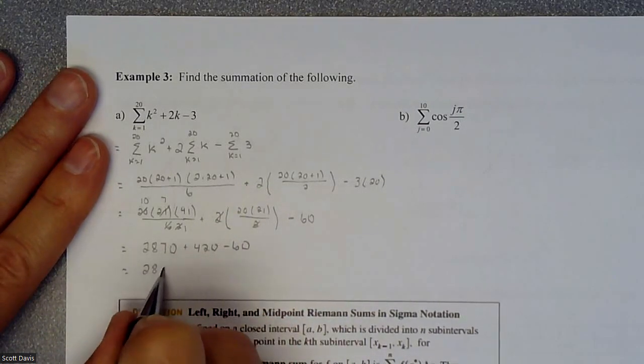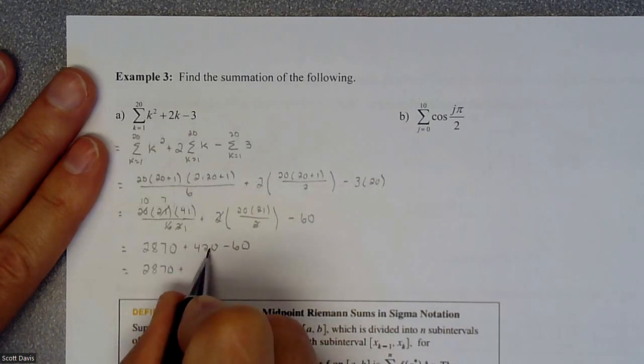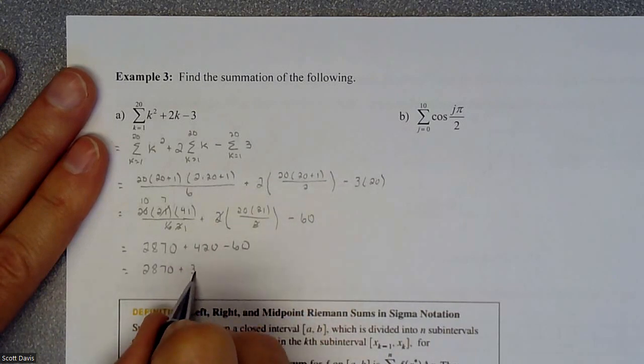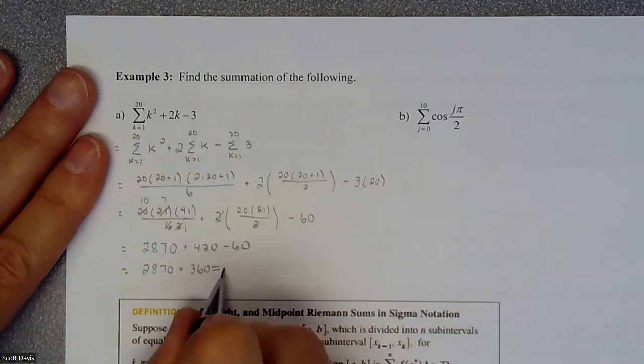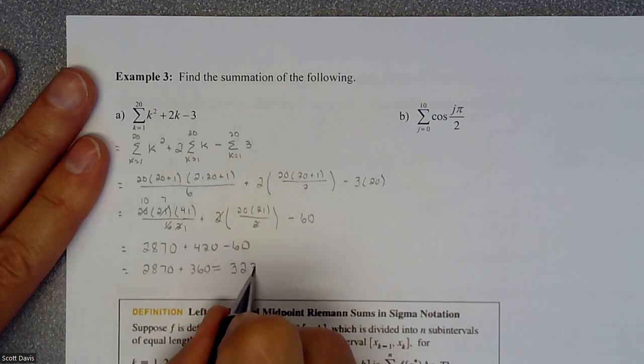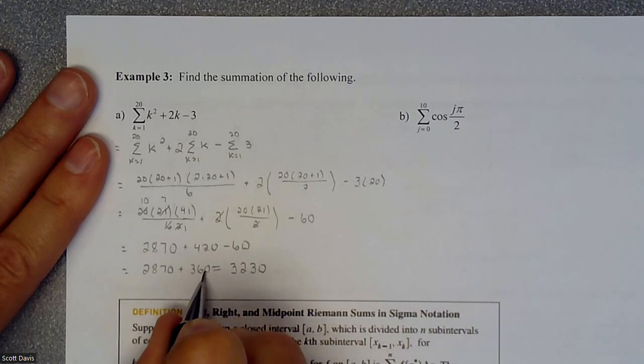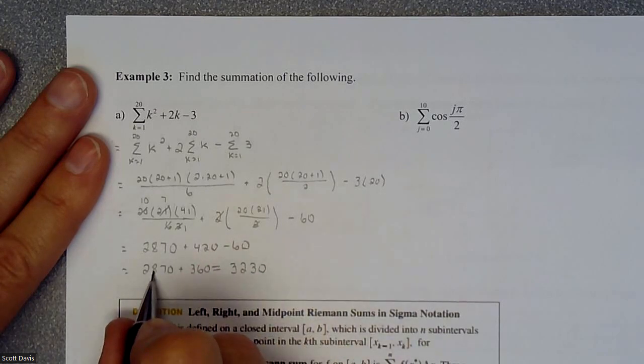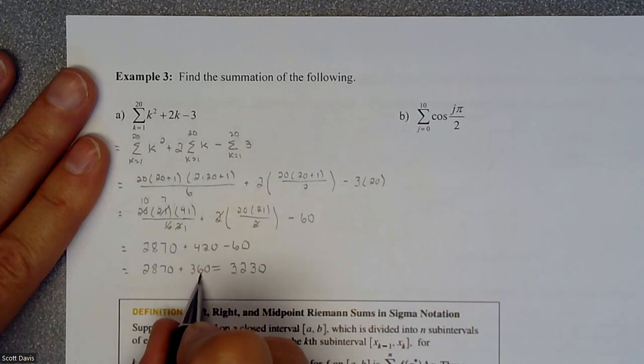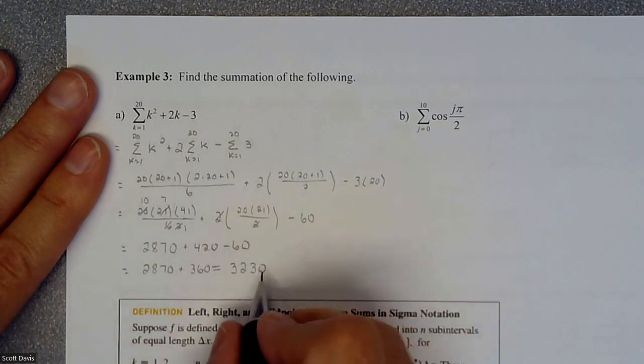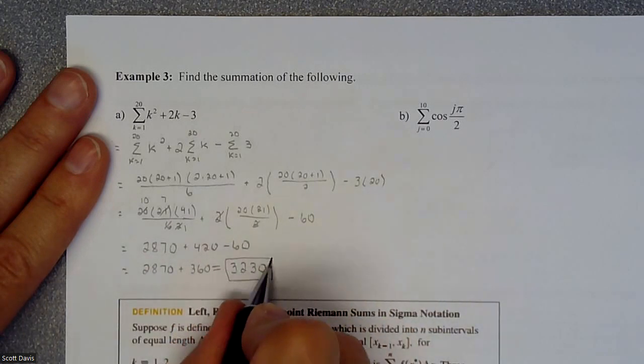So let's do 2870 plus, if I take 420 minus 60, that's 360. And if I add 360 to 2870, I would get a total of 3,230, right? So we would get 3230 on that summation.